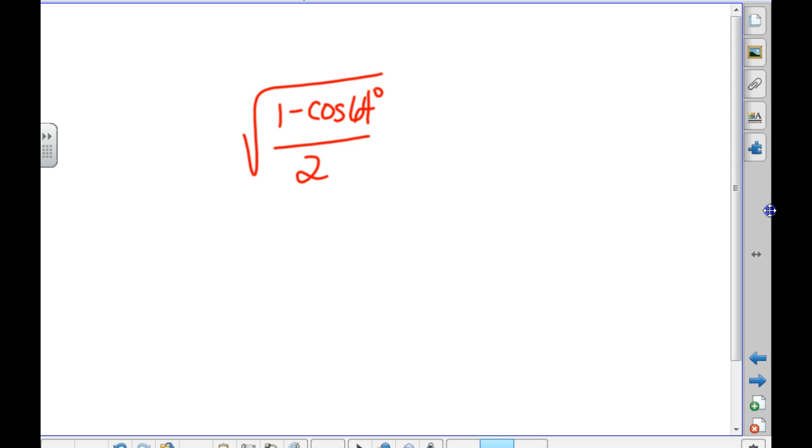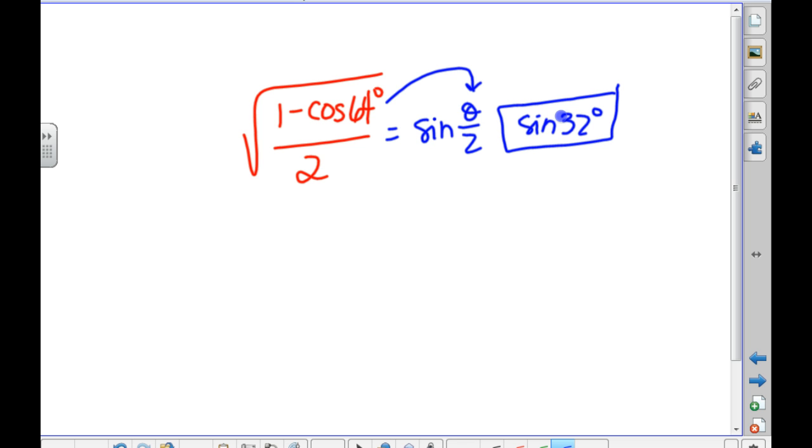So if you looked at your sheet, you would say, well, that's sine of something over 2. Is this 1 minus business under a radical? So then if you put this in here, you'd get the sine of 64 over 2, or 32 degrees. So there's some of that, like we had on the last quiz.